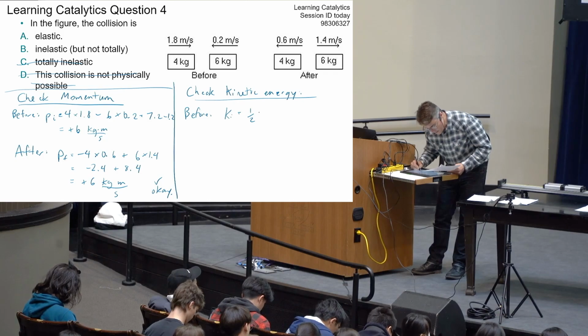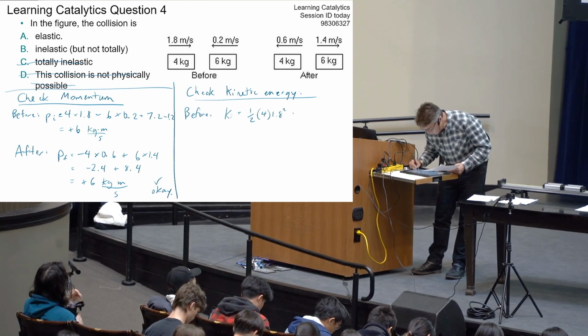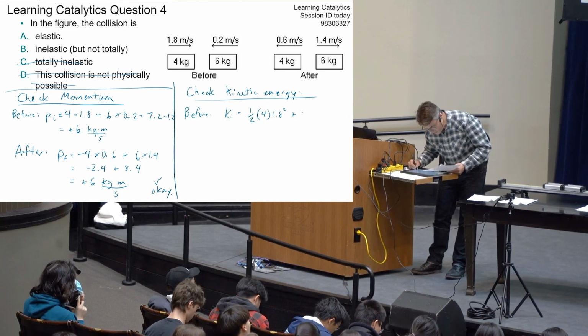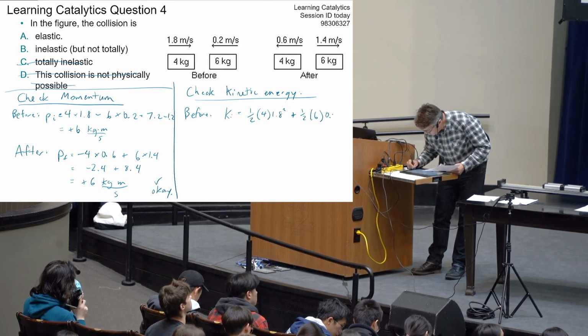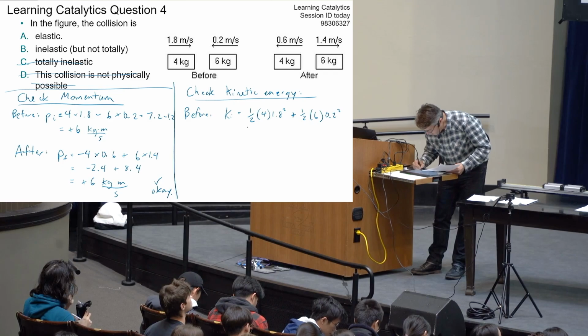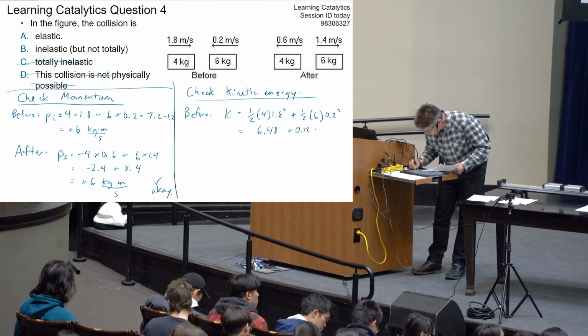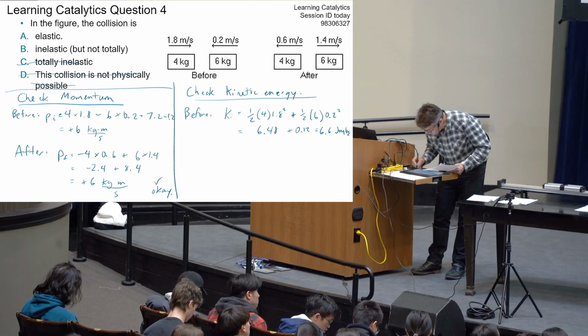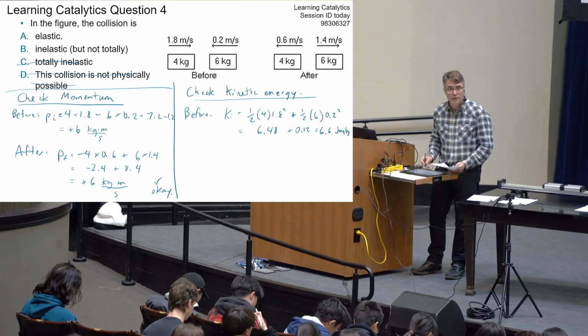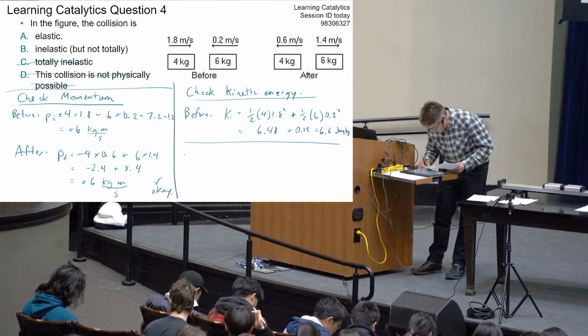So 1/2 times 4 times 1.8 squared plus, it doesn't matter which direction they're going, they all have positive kinetic energy, 1/2 times 6 times 0.2 squared. So I plugged that into my calculator, and I got 6.48 plus 0.12 is 6.6 joules. So that's the initial kinetic energy of these two things. Then you can do after.